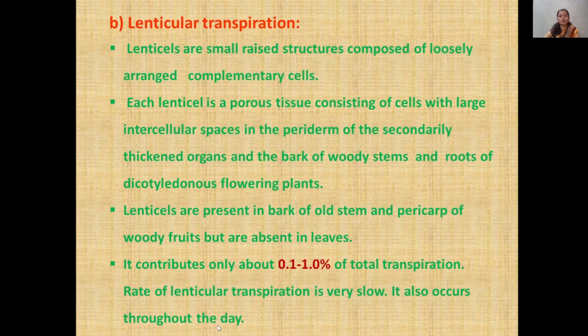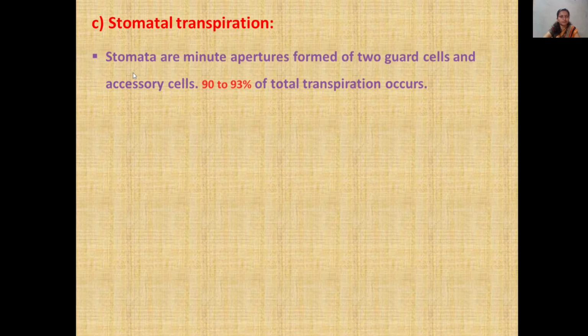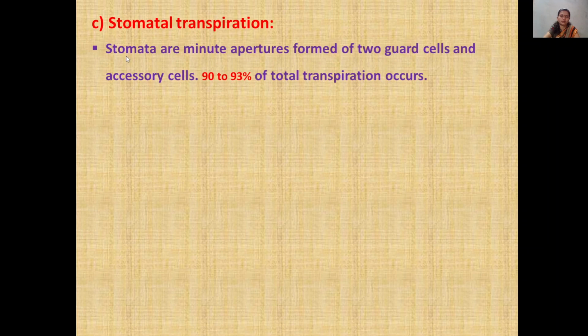It also occurs throughout the day. Next slide. The third type of transpiration is stomatal transpiration. First, the stomata are minute apertures formed of two guard cells and accessory cells.